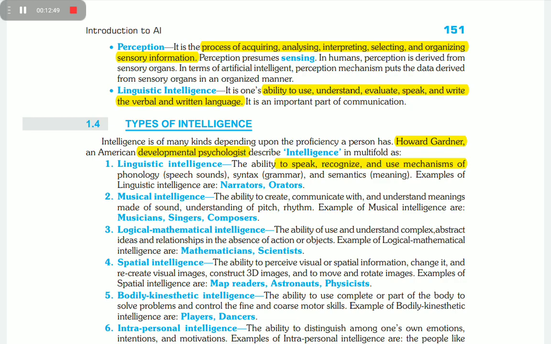So let us go to perception. Perception is the process of acquiring, analyzing, interpreting, selecting and organizing sensory information. Perception presumes sensing.